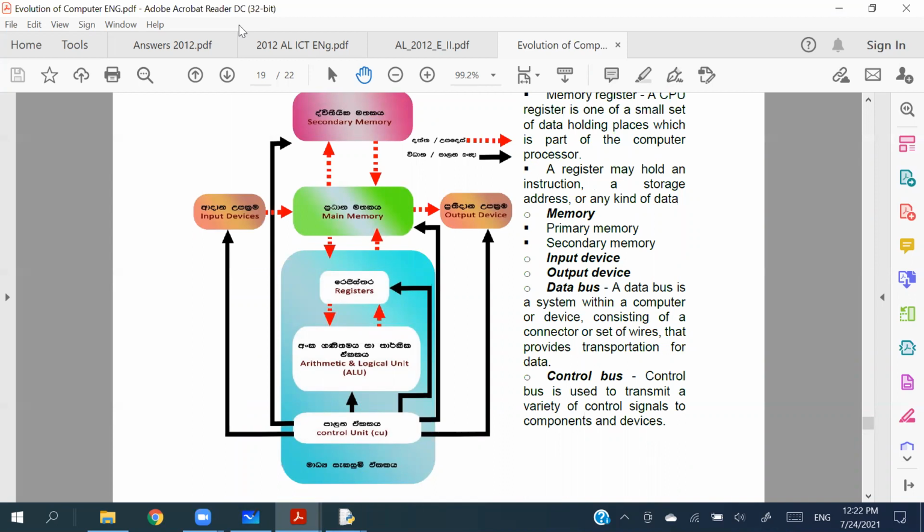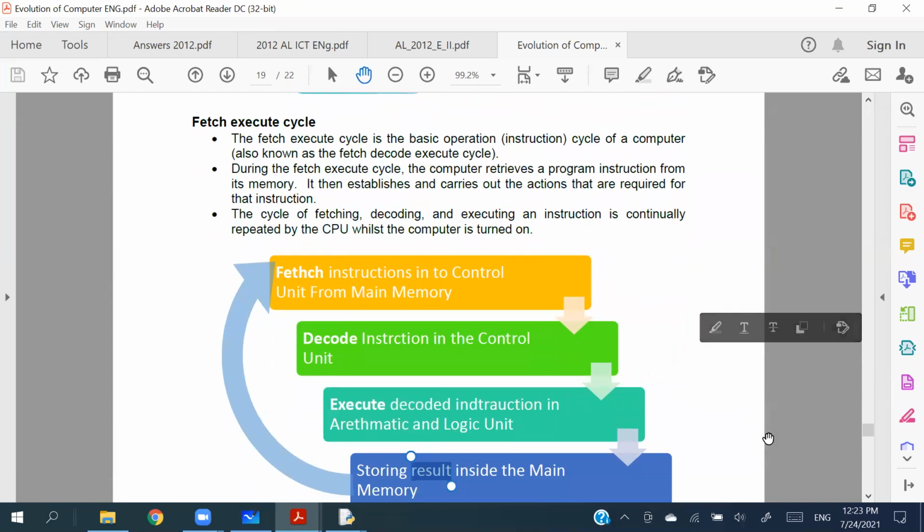So executing programs will be there on the main memory, which means the data related to those programs are in the main memory. Whenever the computer needs to execute something, it needs to take things from the main memory. So the fetch execute cycle explains what happens to the fetched data, the data which is taken from the main memory.